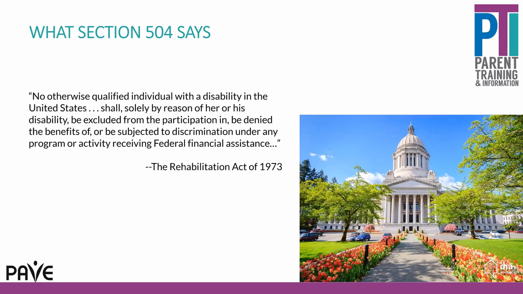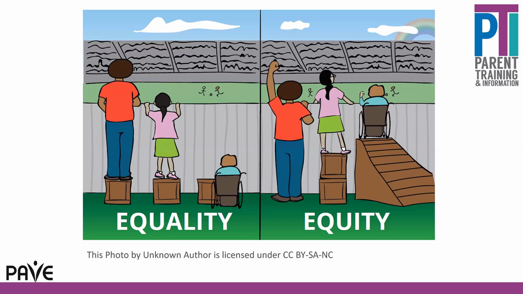So let's take a moment to consider the word equity. It doesn't just mean equal. Next slide, please. When we talk about supports and services for a student with a disability, we can ask whether that help is providing equity. Equal opportunity would mean that students all get the same help.